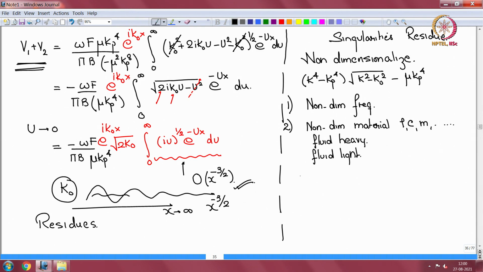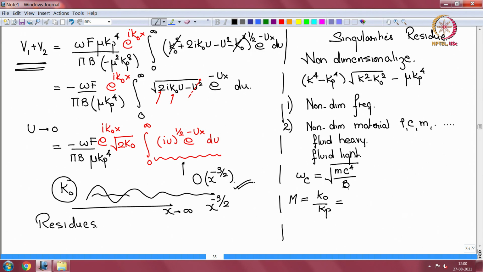Now to refresh you, the coincidence frequency in these plate problems is given by m, mass per unit area, c fourth by B. c is the speed of sound in the material, B is the flexural rigidity. Now we will take a parameter called M, which is k0 over kp, the acoustic wave number by the plate wave number.